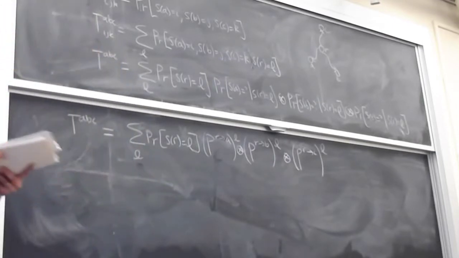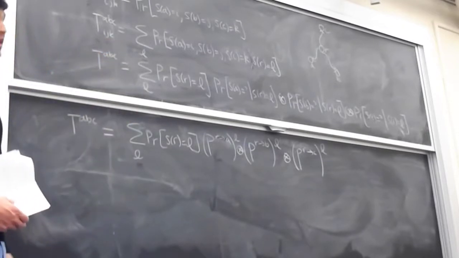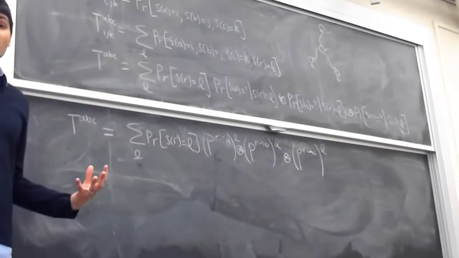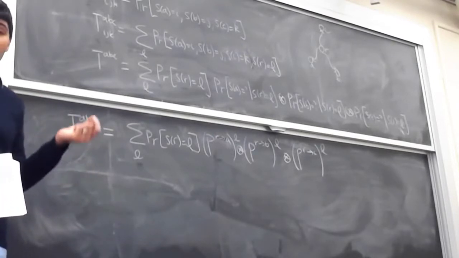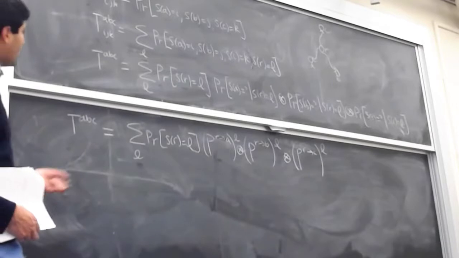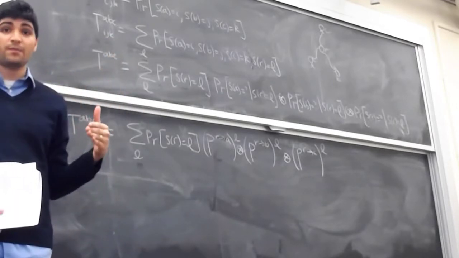Can I ask you a question? Yep, please. So there's one step, if I'm following, from the second to the third line. You drop the subscript IJK. I'm not quite sure if I understand that part. Yeah, so the way that I've defined it here is you give me an I and a J and a K, and you tell me what the probability is that S of A equals I, S of B equals J, S of C equals K. And that's what the entry in this tensor should be at the IJK entry.